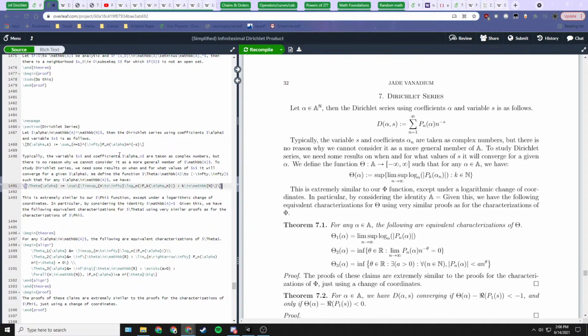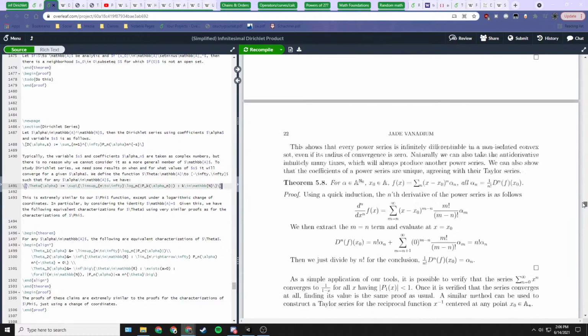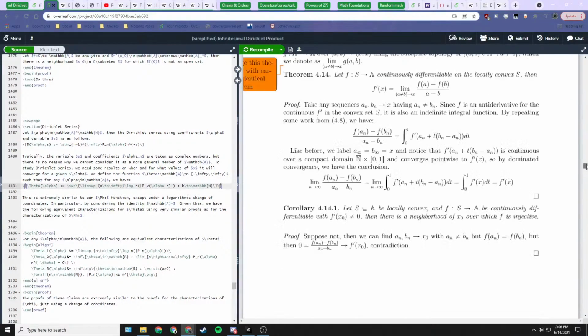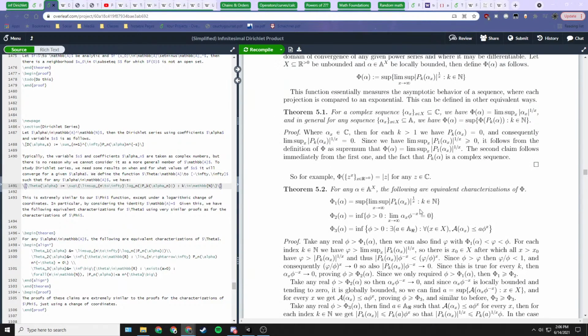So absolute value of p sub k, alpha sub n. And I think that makes it exactly a parallel of the phi function. Let me double check. Yep, p sub k, alpha sub x, and then 1 over x. Okay.